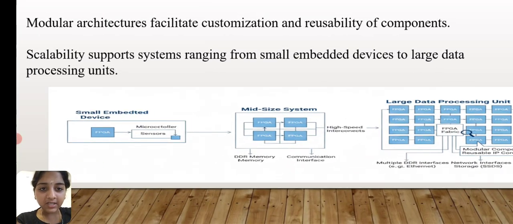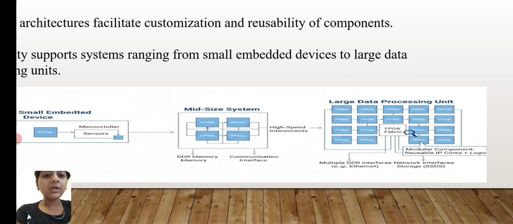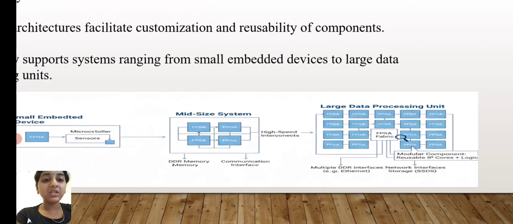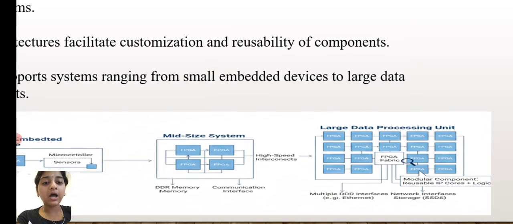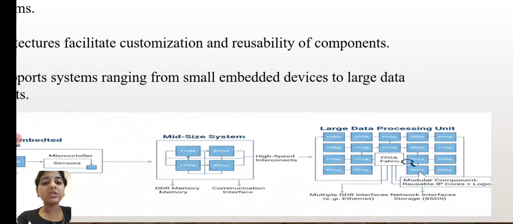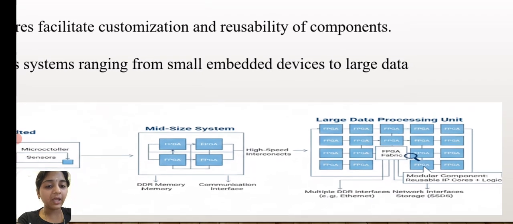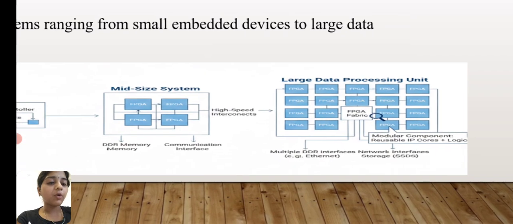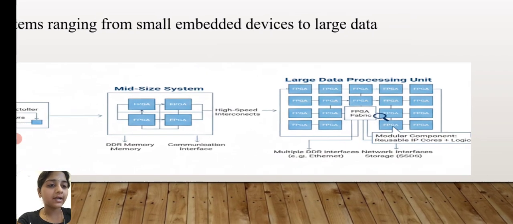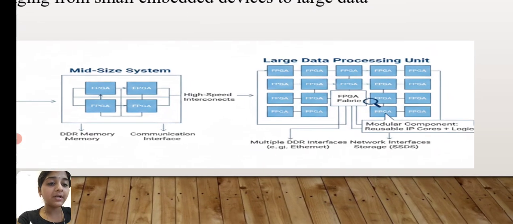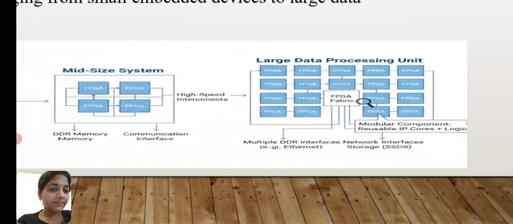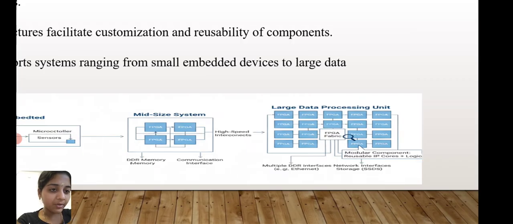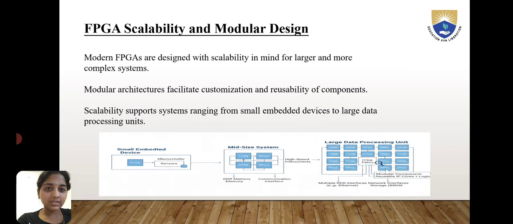A small embedded device is the FPGA connected to sensors. Coming to the mid-size system, there are DDR memory and communication interfaces with the FPGA, and coming to the larger data processing unit, through the high speed interconnects we can see multiple DDR interface networks, which have the modular components of FPGAs.